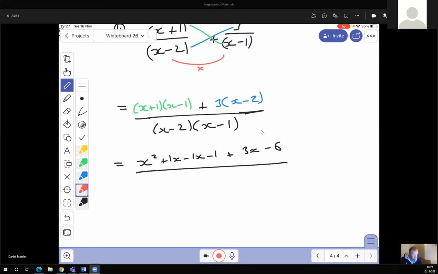So the bottom stays the same. That's as simple as it comes. And then the top, I'm just collecting like terms. That 1x minus 1x cancels out. Minus 7.